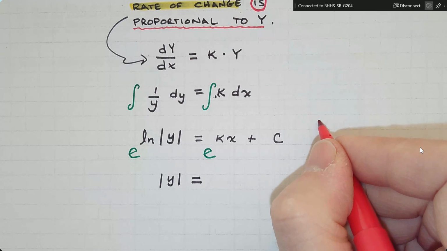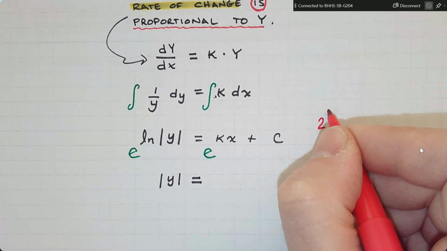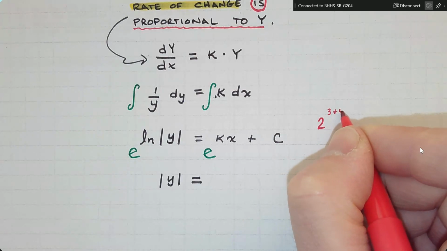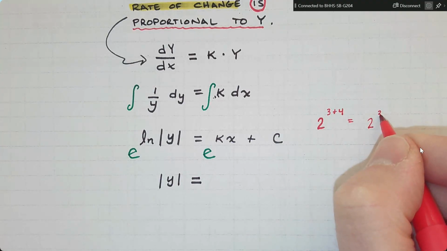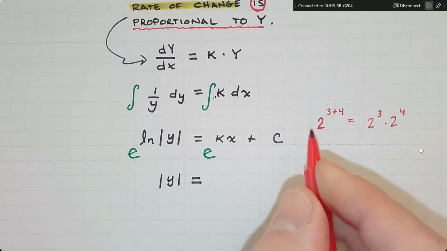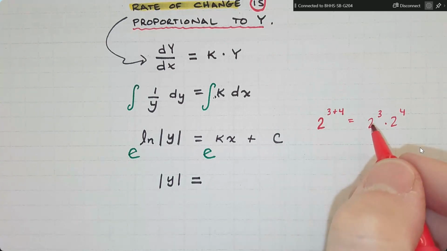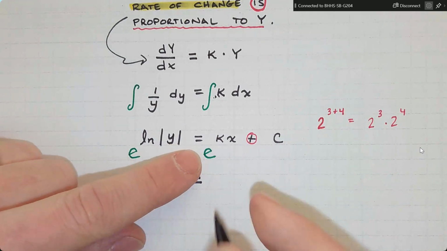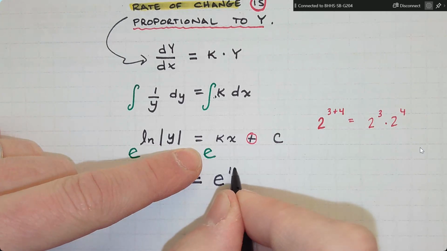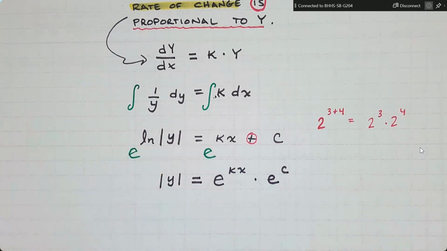Now, remind me, gang, let's suppose you had something like 2 to the 3 plus 4. Couldn't you rewrite that as 2 to the 3 times 2 to the 4? That's one of the properties that we learned way back in 7th or 8th grade. You want to apply that property right here. See that addition sign? That means you can rewrite this side as e to the kx multiplied by e to the c.